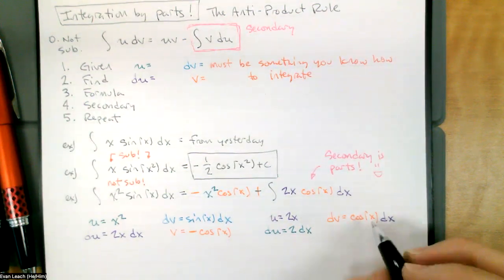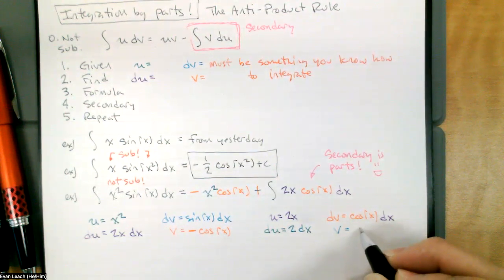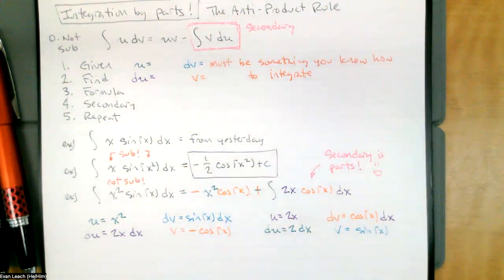So the integral of cosine is sine. So then now we get v is sine of x. It's sine of x plus c, but we can use whichever antiderivative we want. Let's use the one where plus c is equal to 0.